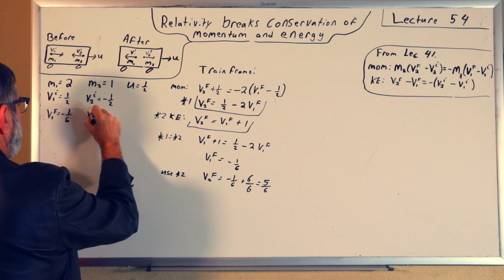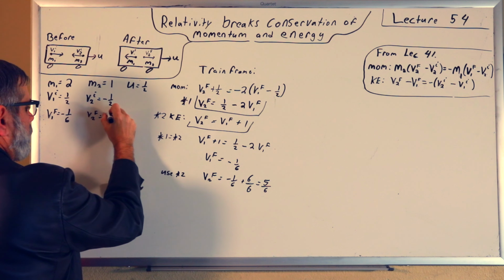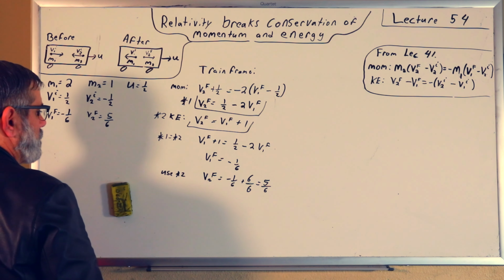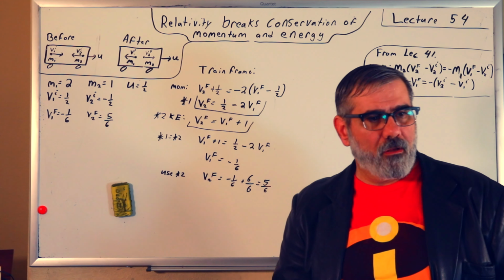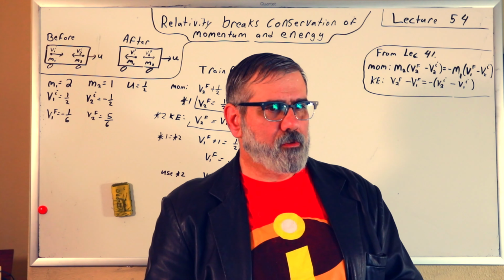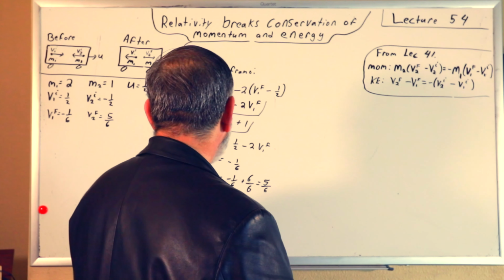So V2F equals 5/6. Remember, these velocities, we want to keep them less than 1 because if it's equal to 1, that means it's moving at the speed of light because we're letting c be equal to 1. It doesn't matter yet, but it will.